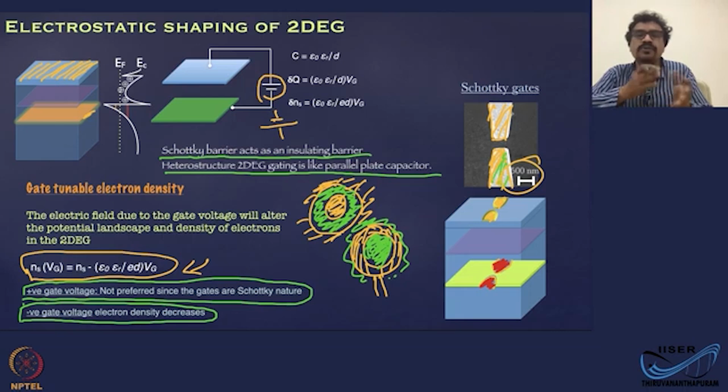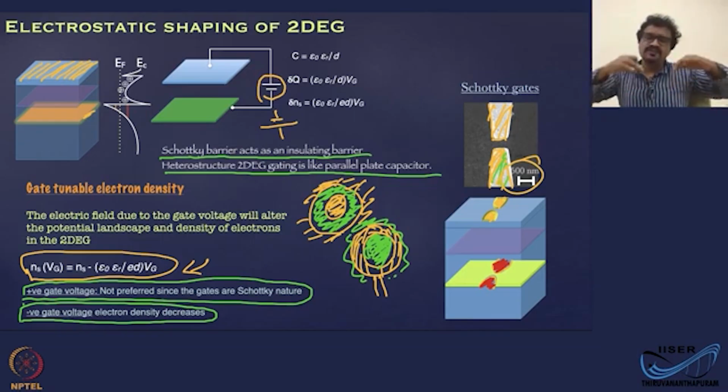You are not going to chop down any material; you will still have the large piece of your wafer or material. But what you will do is deposit gates on the surface with the required shapes, and that will result in nanoscale devices with nanoscale structures of the corresponding shape.